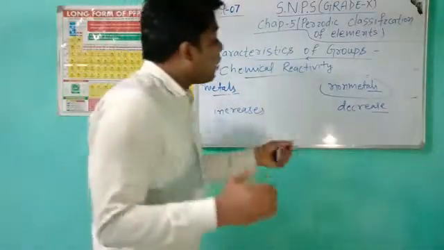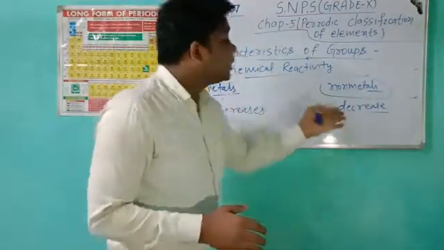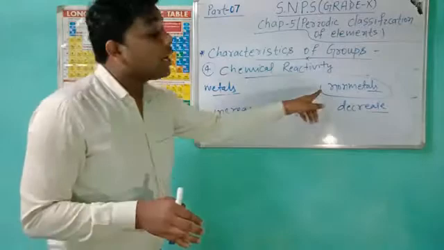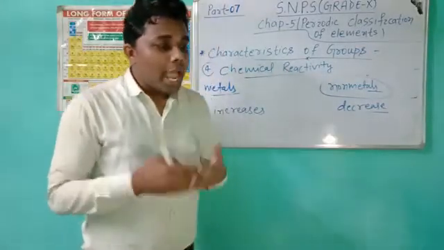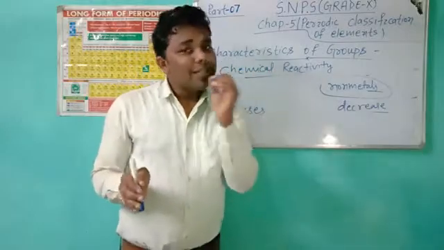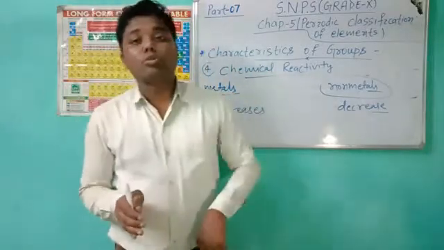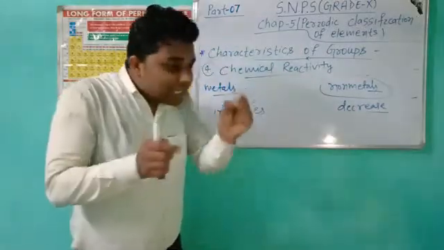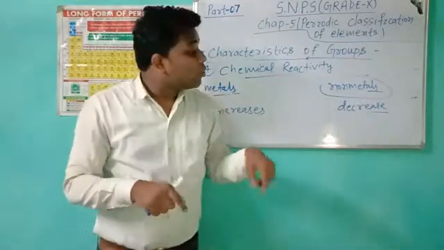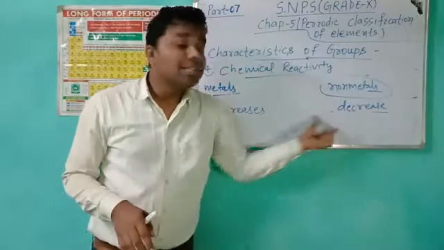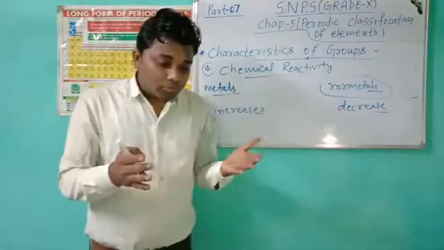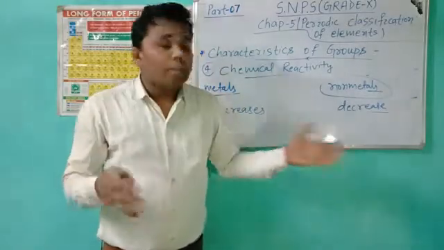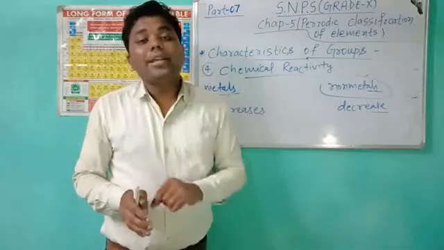And when we talk about non-metals, the chemical reactivity decreases. As I told you, when we go top to bottom in non-metals, the size increases, and when the size increases, the tendency to accept or gain electrons decreases. Hence its chemical reactivity also decreases, because the tendency to gain electrons decreases.